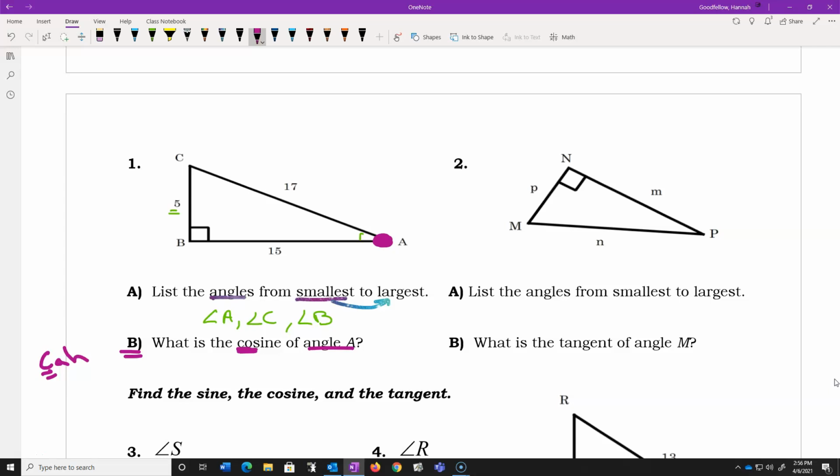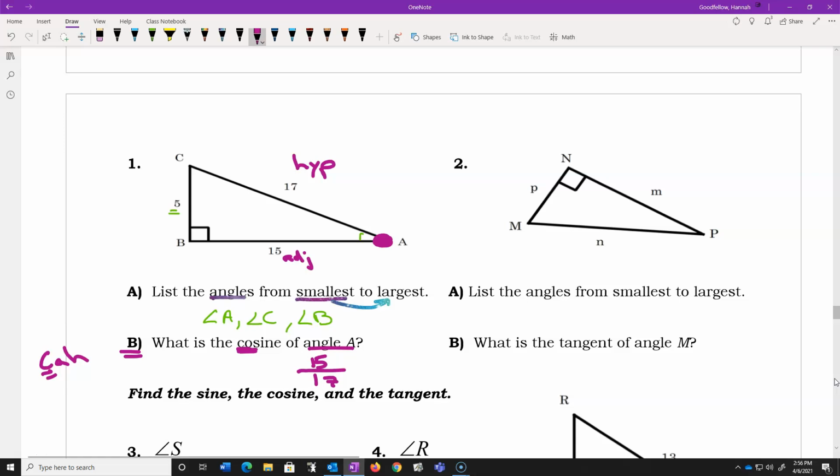Well, from this perspective, which one's the adjacent? This one is the adjacent one. That's the side that's not opposite of you. And the hypotenuse would be this one. So the directions are saying, what's the ratio of cosine? And that would be 15 over 17. It's just a fraction that you end up with, okay?